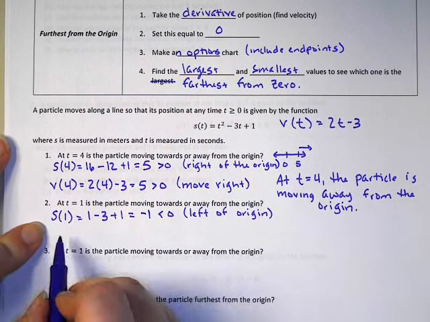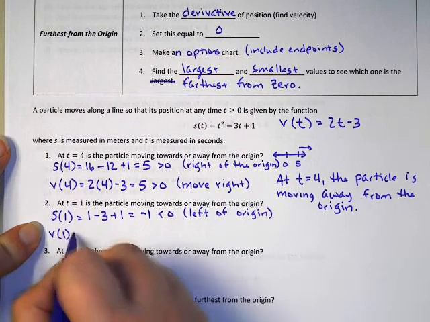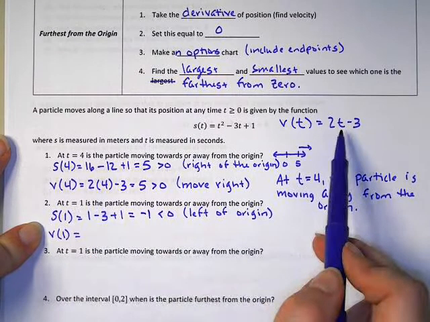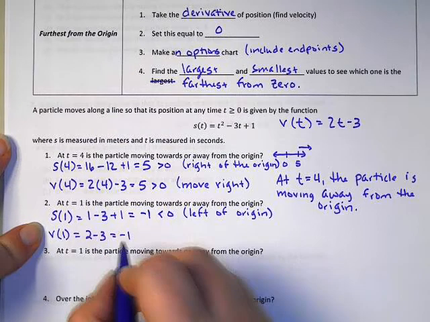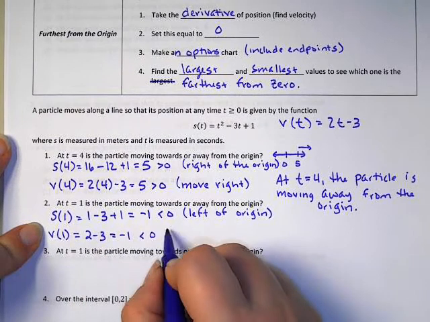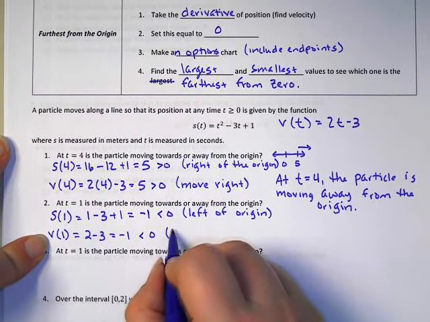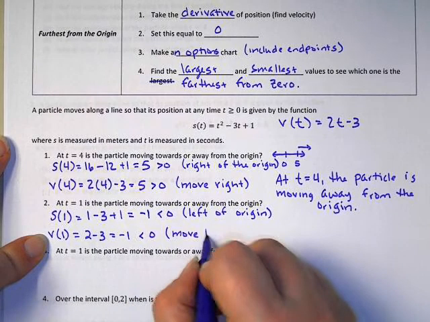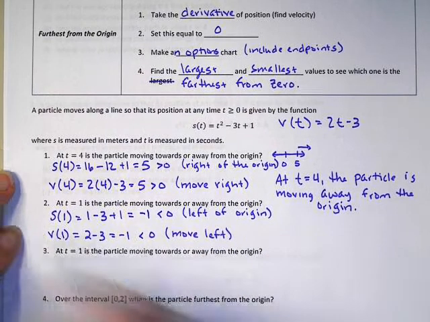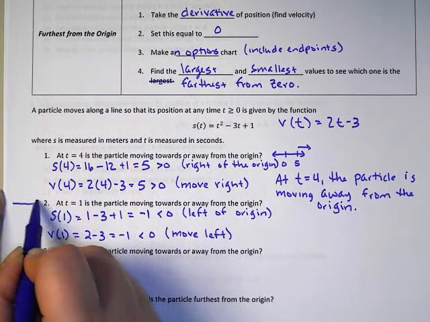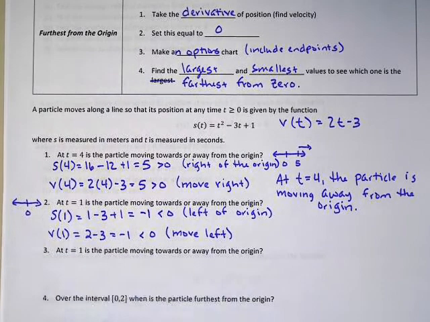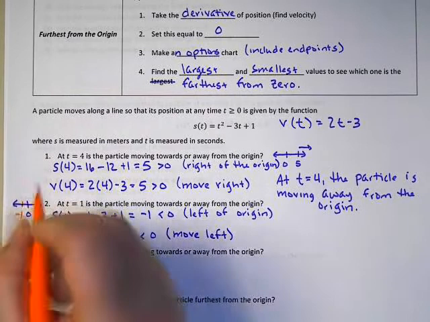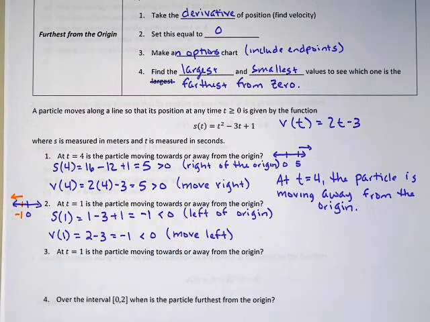Then we need to consider the velocity at 1. So the velocity at 1 is going to be 2 times 1 is 2, minus 3, which is negative 1. That's also less than 0, obviously. So if my velocity is negative, I'm going to move to the left. So again, kind of in our heads, or even over on the side, we can think about if this is 0, and I'm starting at negative 1, and I'm moving to the left, I'm moving away from the origin.